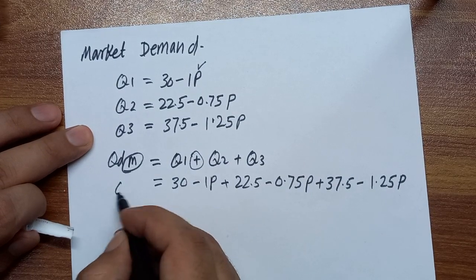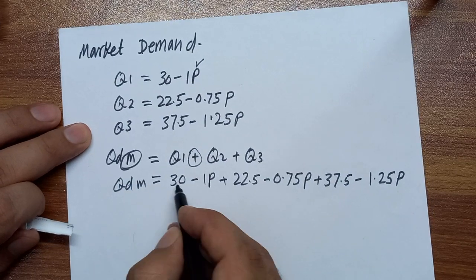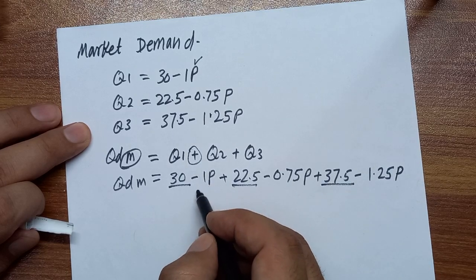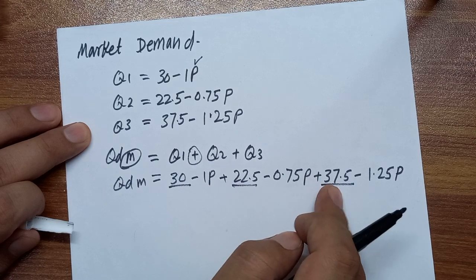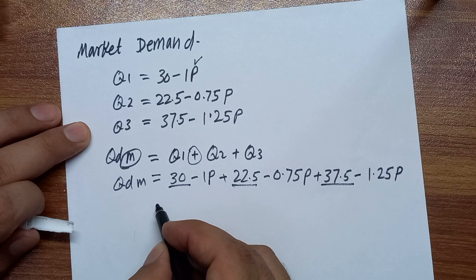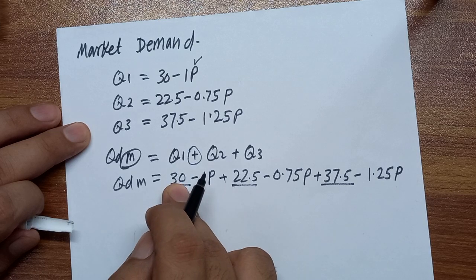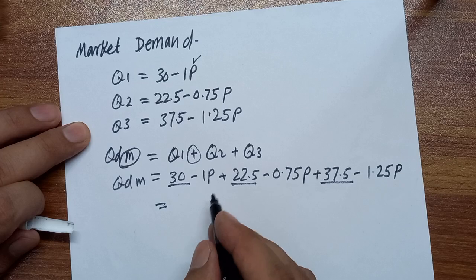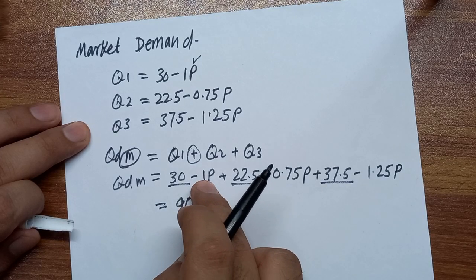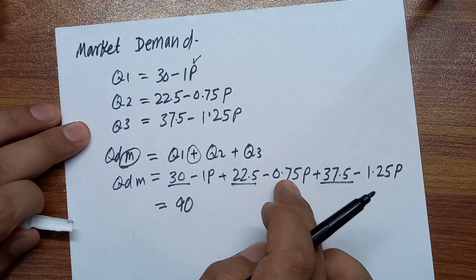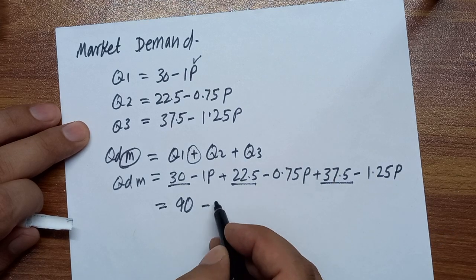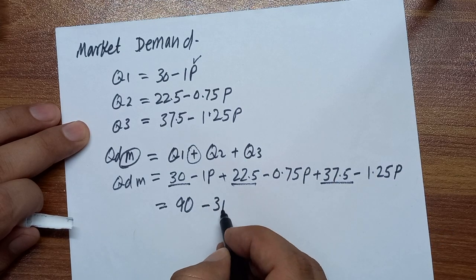So here we have constants and we also have variables. Constants will add with constants and variables will add with variables. When we add these constants with each other, we will get 90, and when we add minus 1, minus 0.75, minus 1.25p, we will get minus 3p.